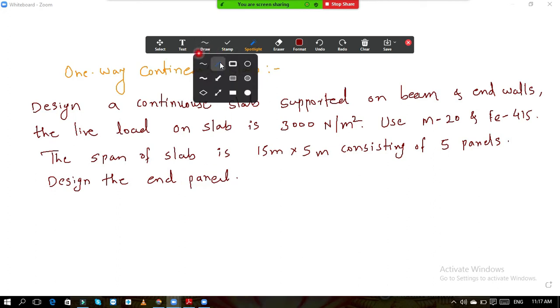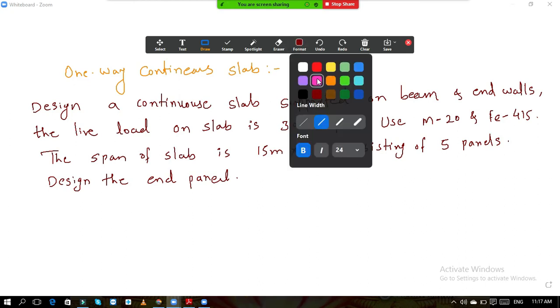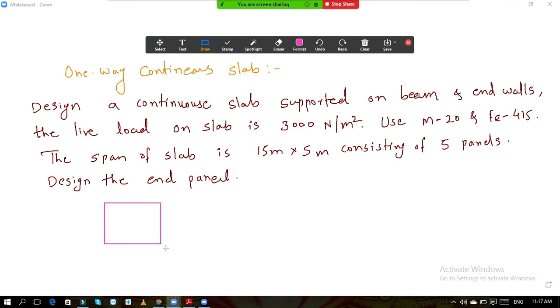So now it consists of 5 panels. I will first draw the 5 panels of the slab. So this is a single panel. Then this is the second panel.